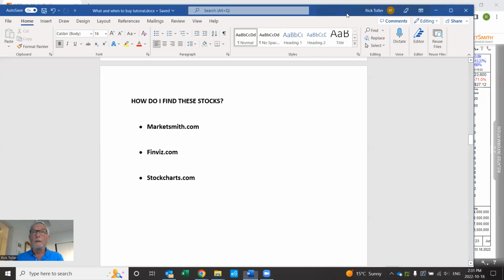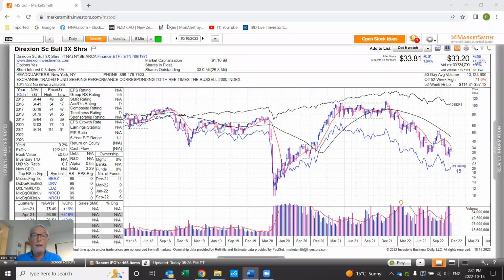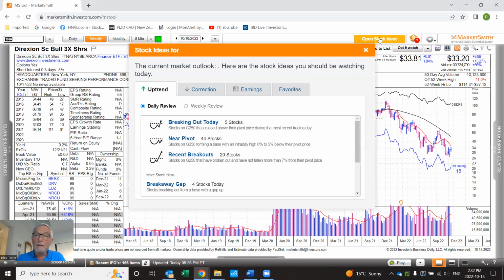Let's shove that out of the way. So here's my basic MarketSmith setup. I have it set up for a weekly chart, no other bells and whistles. MarketSmith has some stock screens. So for a daily review, they have what's called breaking out today. Apparently there were 5 of those today.